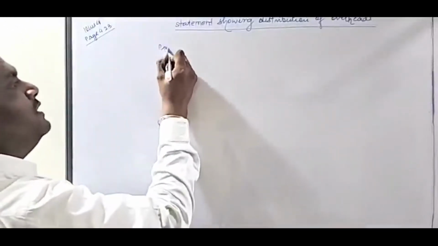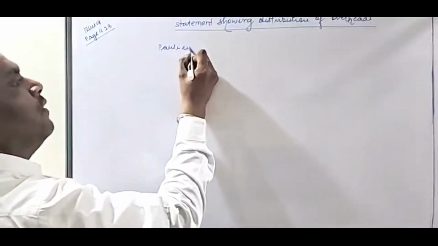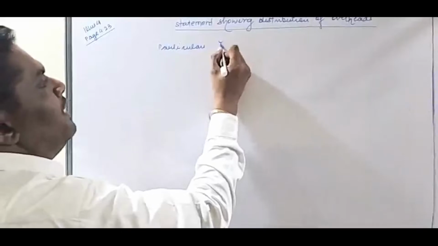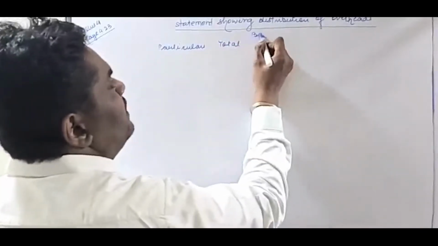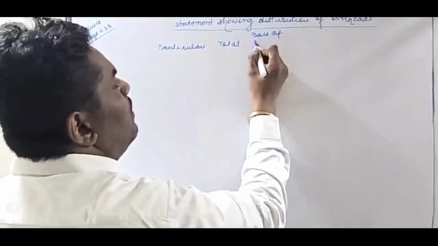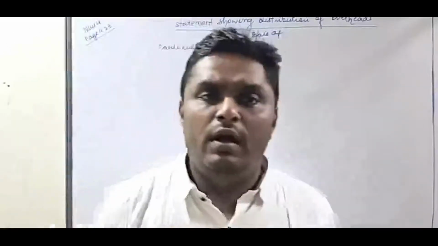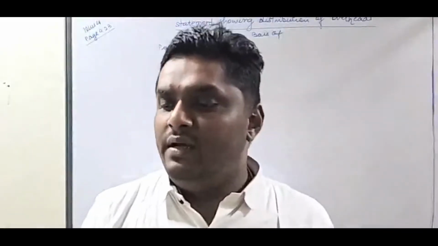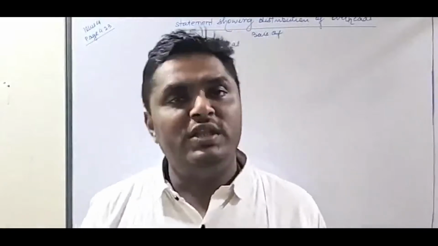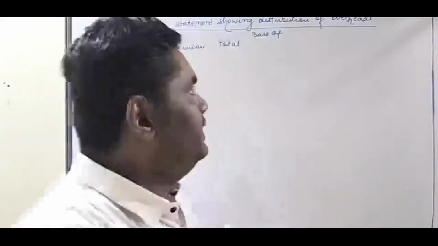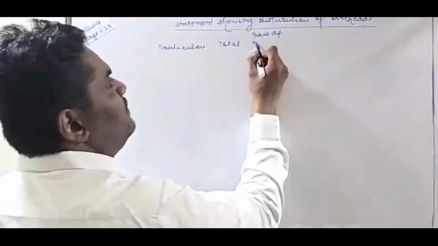So the first one is particulars, then my total overheads. Further, what will be the basis? See herein the overheads are given as a whole, so we have to apportion the overhead rather than allocation of overhead. So basis of apportionment.